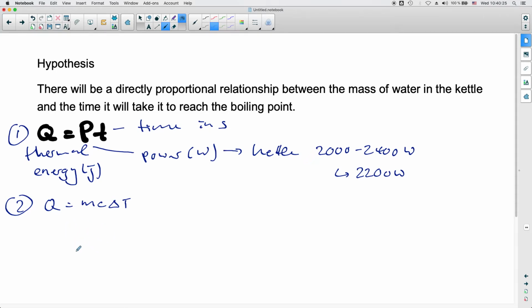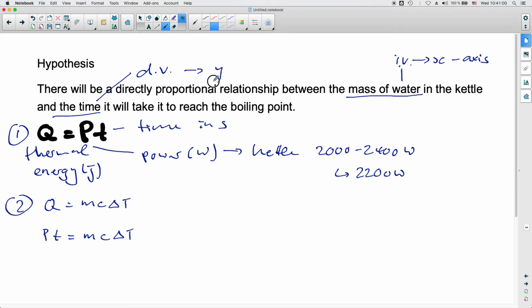So if I combine the two, then I can write PT equals mc delta T. In case you're wondering what I'm doing here, I'm trying to find a formula that actually relates the mass of water in the kettle to the time. So I want to measure the time. This is my dependent variable, and this is my independent variable. So this goes on the x-axis, and this goes on the y-axis.